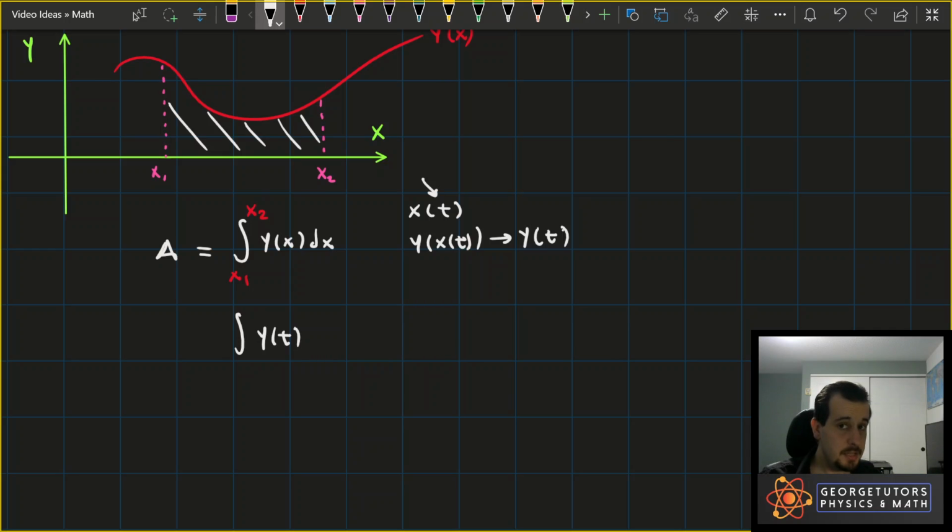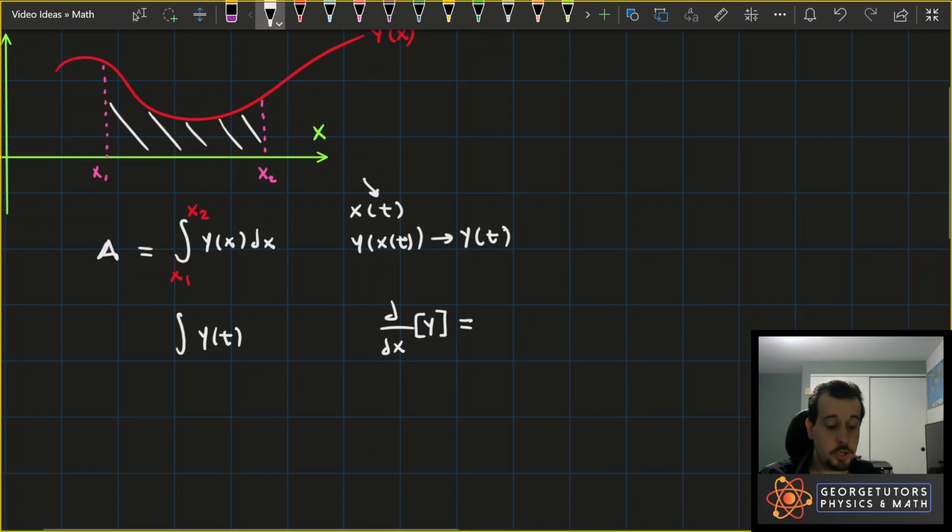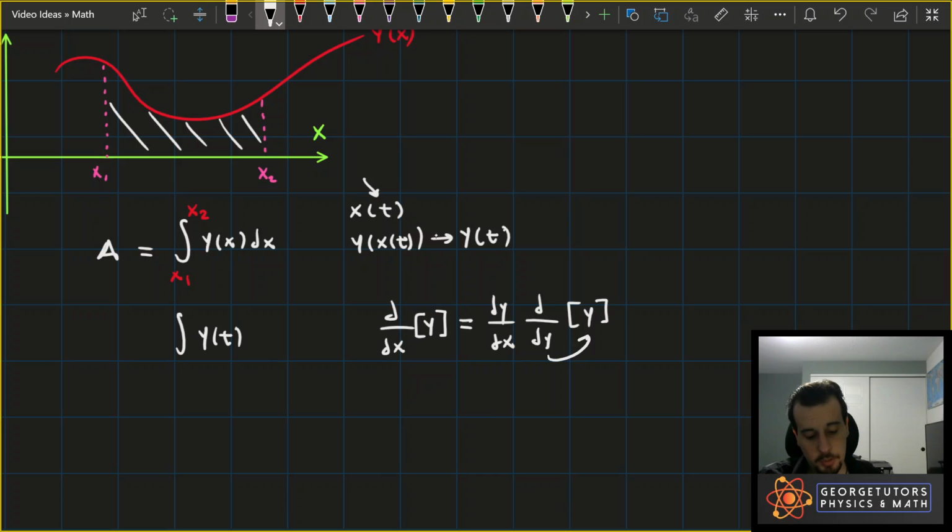The dx can be taken care of simply by recalling the little trick that we use for implicit differentiation. So for example, when I wanted to take the derivative of this using implicit differentiation, I basically did this instead. And the idea was that these will communicate, and technically these cancel to give you back the original derivative that you had all along.